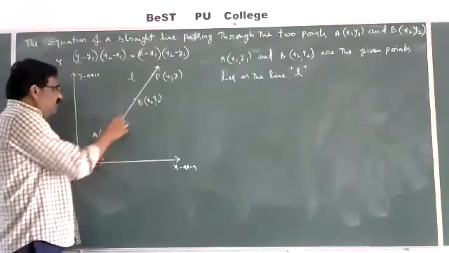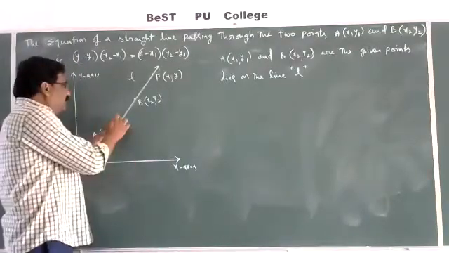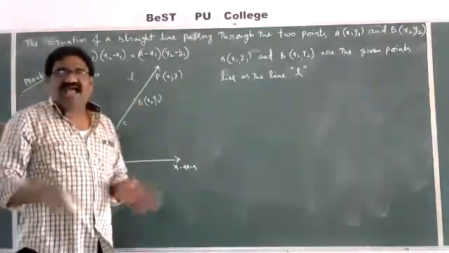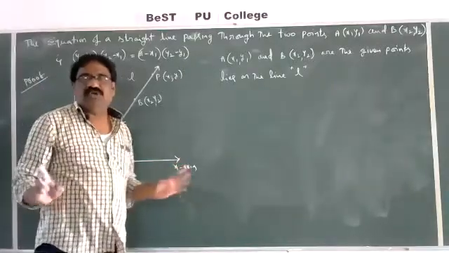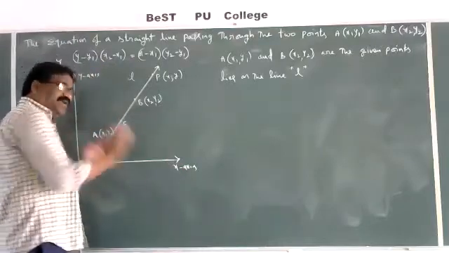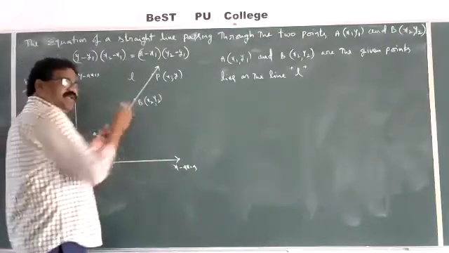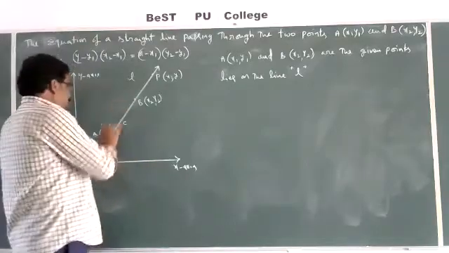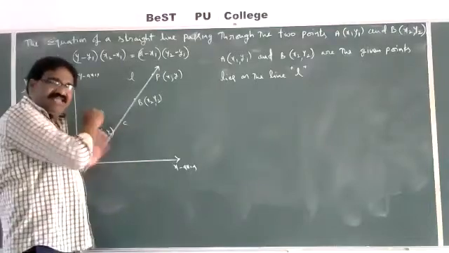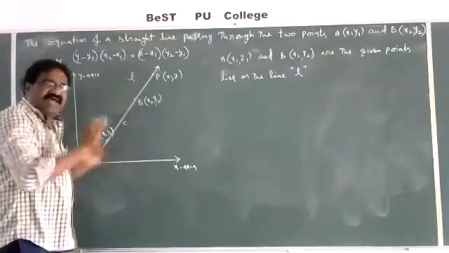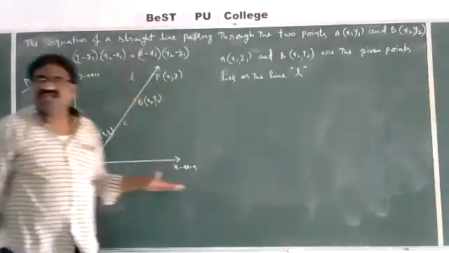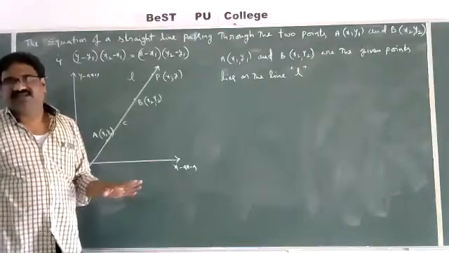Don't think that in between these two points there is a slope, and in between C and B there is another slope. Any straight line has a unique slope. For example, if you take AC, you get the slope. You take CB, you get the slope. Both are equal. Apply slope AP, you get the same slope. That's why, any points you take on this line, apply the slope formula, you get the same answer. That's why the slope of any line is unique. This is the main point here.